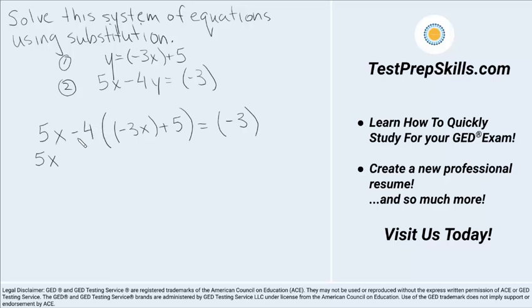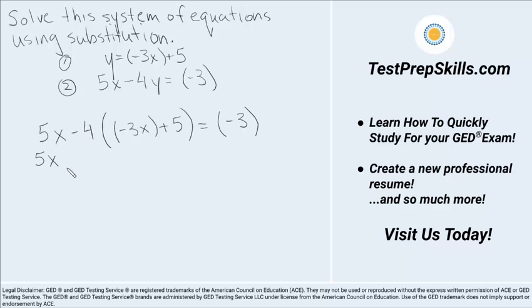And what we're going to do is take this negative 4 and distribute it through the brackets. We're going to multiply it by every term inside the bracket. Because look at this, in our bracket we have two terms. One is a variable, the other is not. We cannot simplify what's in these brackets, so we're just going to distribute. So negative 4 times negative 3x.